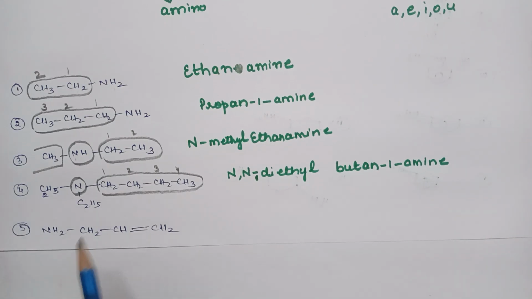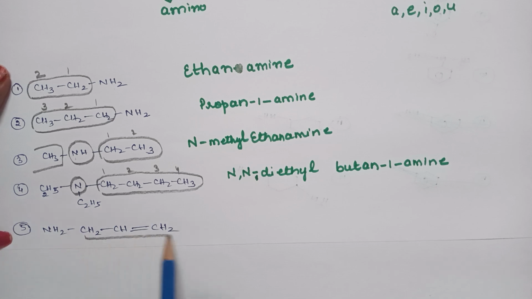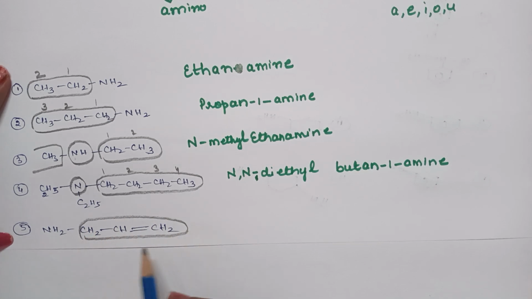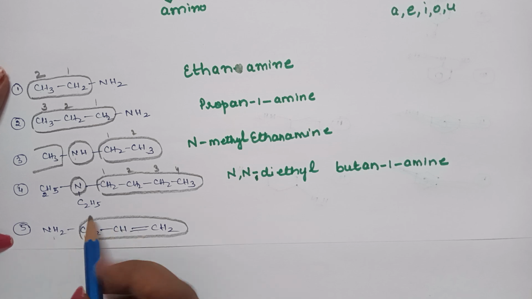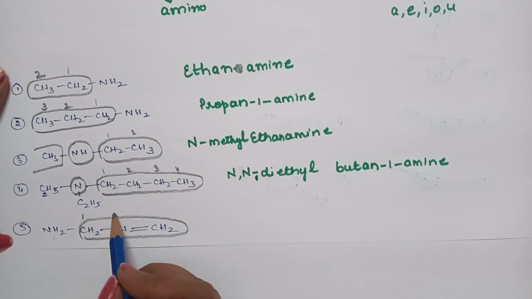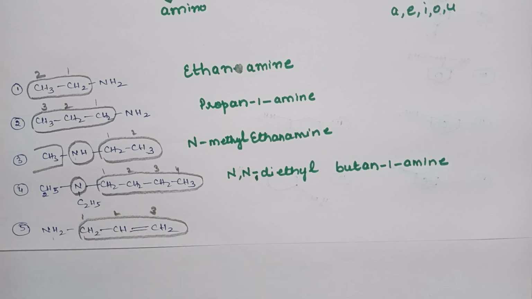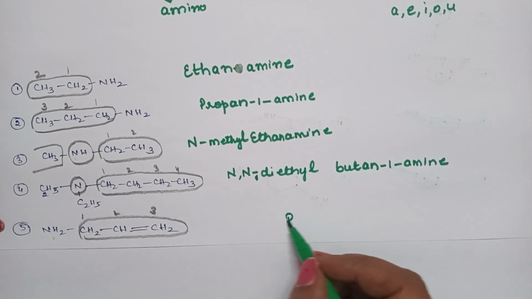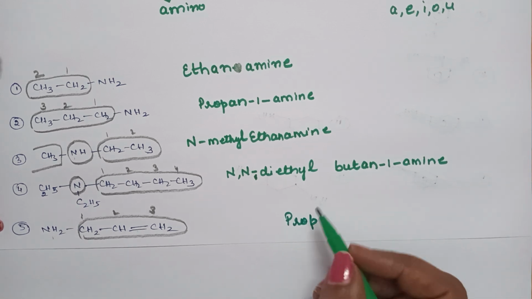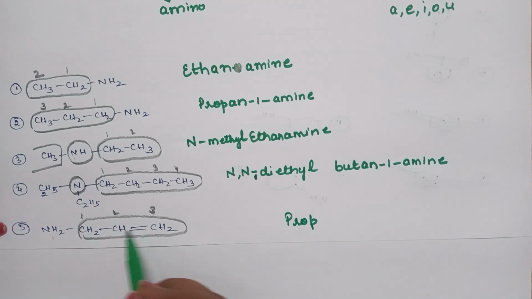Next example. Here this will be the longest chain. Here there is one double bond and here there is the amine group. You have to give preference to amine, therefore start numbering from here. 1, 2, 3. So 3 carbon atoms are present. You will write it as prop. Between carbon 2 and carbon 3 a double bond is present.